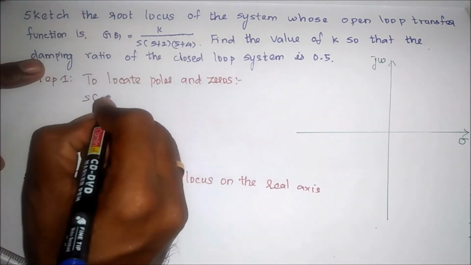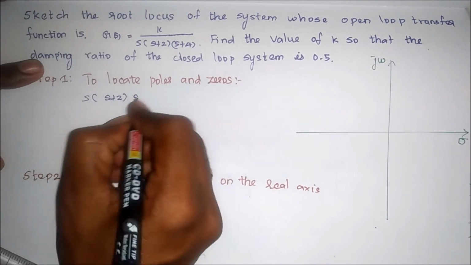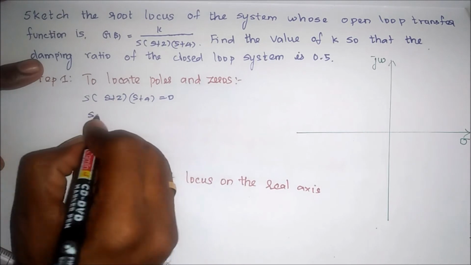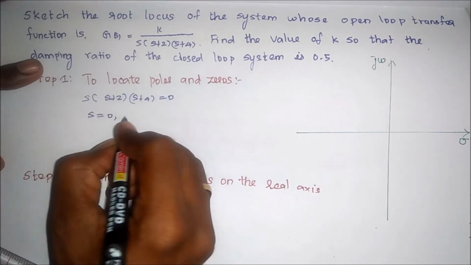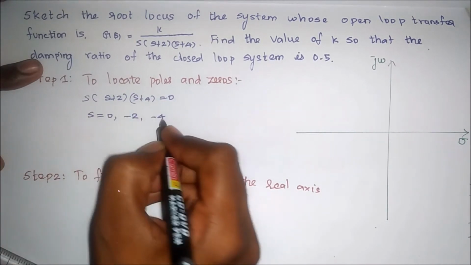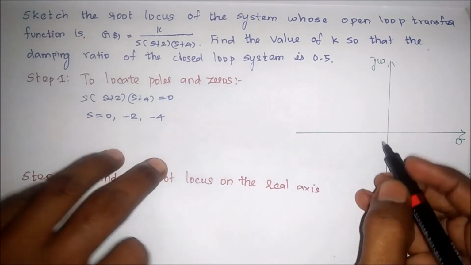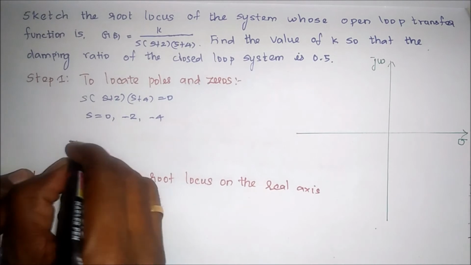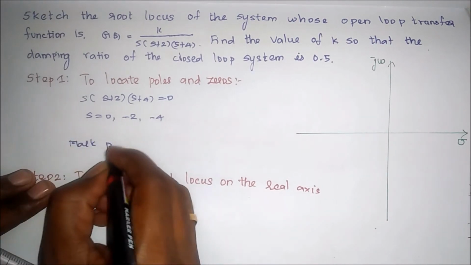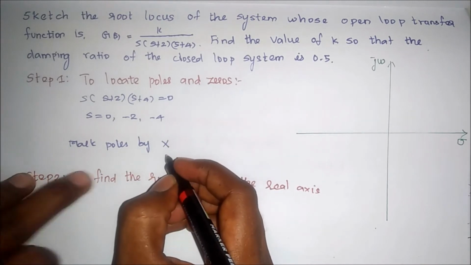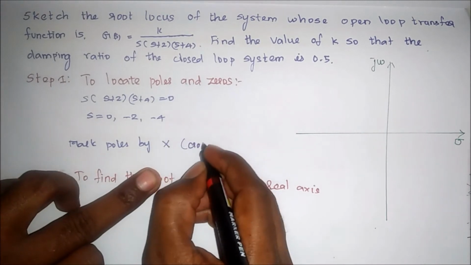Therefore, s(s+2)(s+4) = 0, so the poles are 0, -2, -4. In this problem, there are 3 poles. So we have to mark poles by x, the cross symbol.